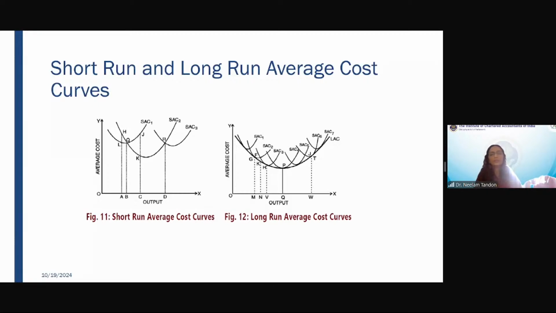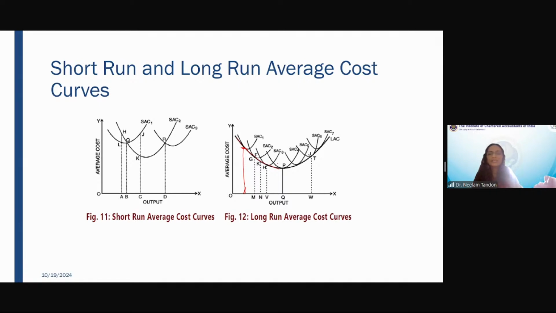So coming back to this LAC, if you look at this downfall in LAC, you can see LAC is continuously decreasing. That means it's good for the firm now. And secondly, if the firm is operating here at this point, then the smaller the firm, the less the output.